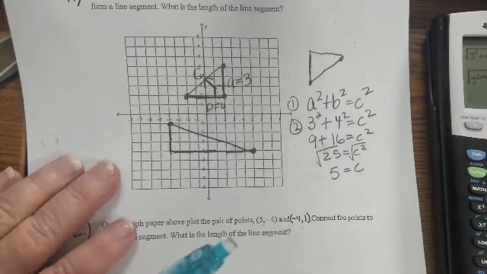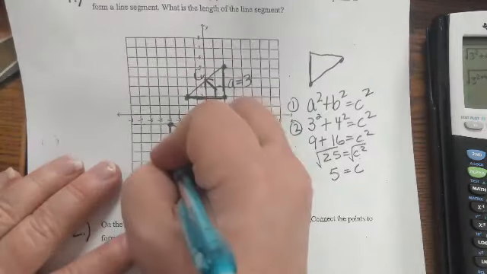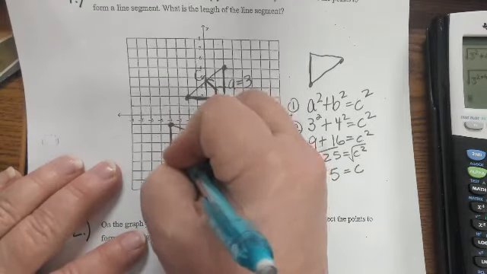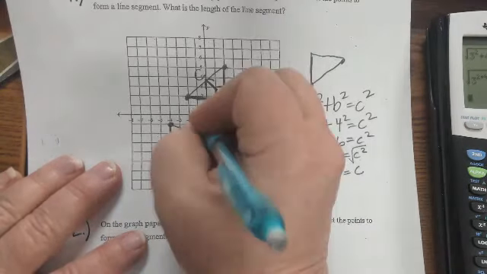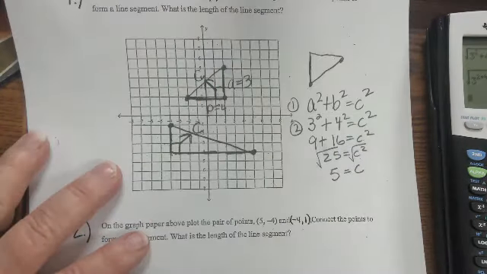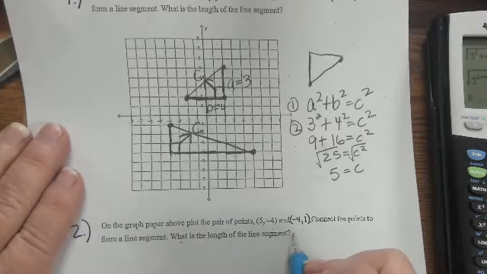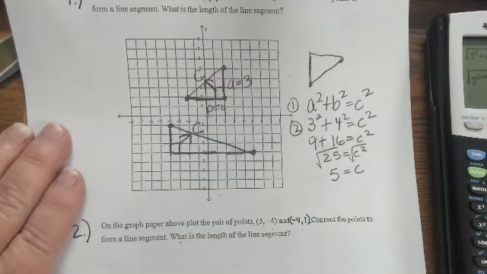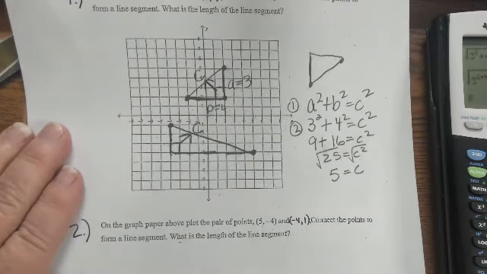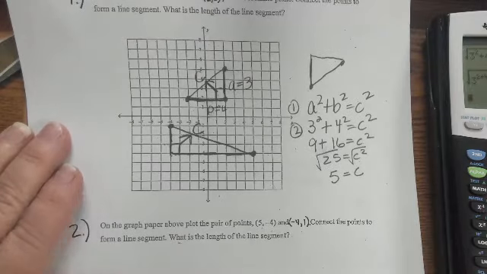So now I have my right triangle. Remember, you need to identify the right angle. Draw your arrow over so you identify C. It says, what is the length of the line segment? There it is, and in this circumstance when I'm drawing them, it's always going to be C.